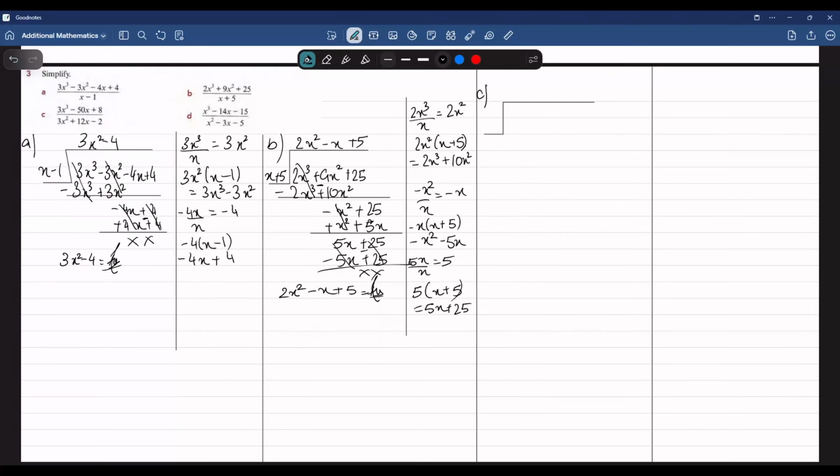So 3x squared plus 12x minus 2 here, 3x squared plus 12x.